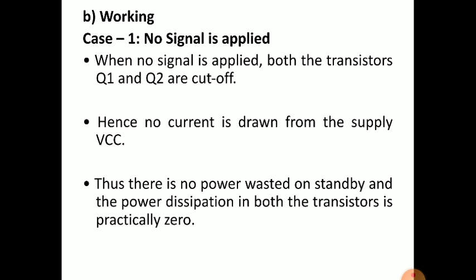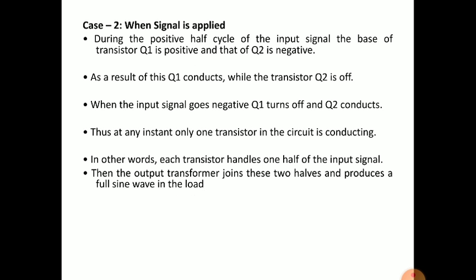Hence no current is drawn from the supply VCC. Thus there is no power wasted on standby, and the power dissipation in both the transistors is practically zero. So whenever we don't apply any AC input signal, the output is zero and the power dissipation through the load is also zero.